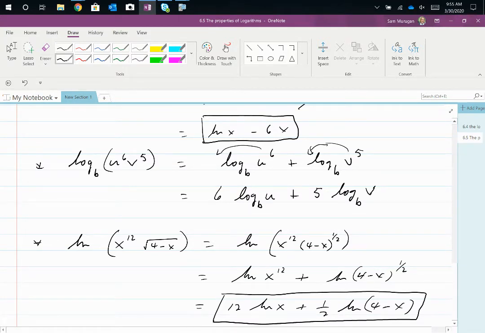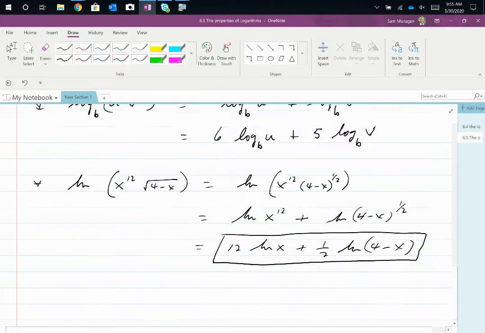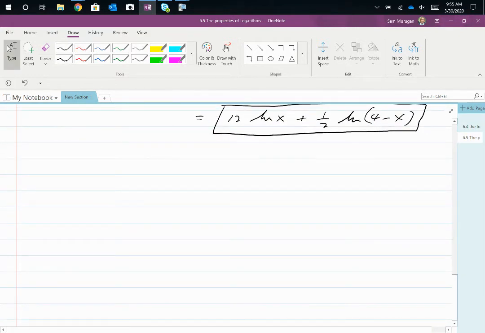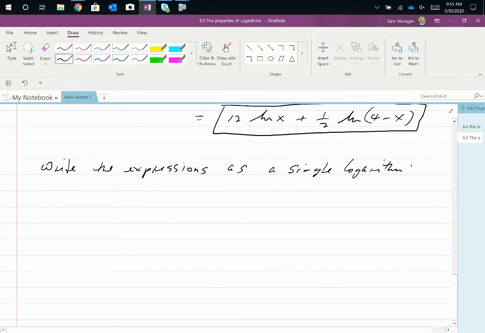You may also be asked to rewrite logarithms as a single logarithm. So write the expressions as a single logarithm. 8 log base 6 of u plus 3 log base 6 of v.